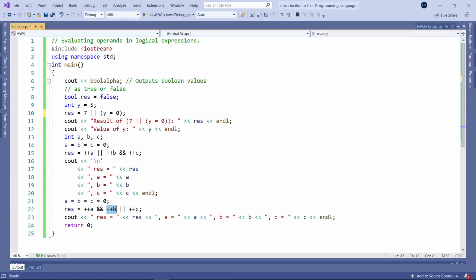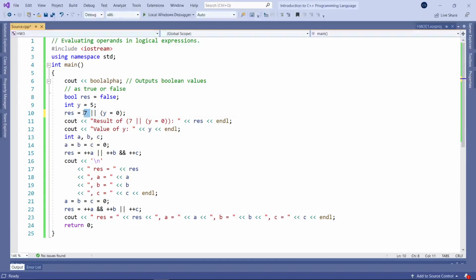This is going to go to 1, it's going to be true. And when it gets to this bit, it's not going to care about this, because once we have true on the left side of the OR operator, that's all it needs, so it's going to ignore the rest. So A is going to be 1, B is going to be 1, but C got ignored, unfortunately, so that's going to be 0.